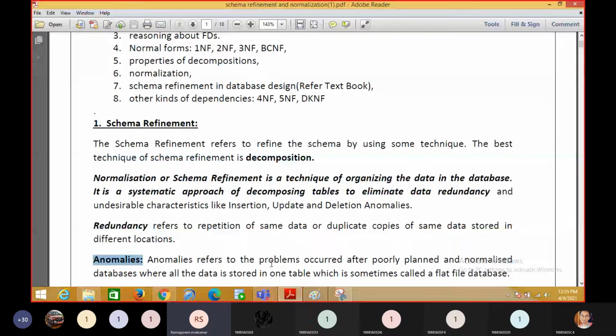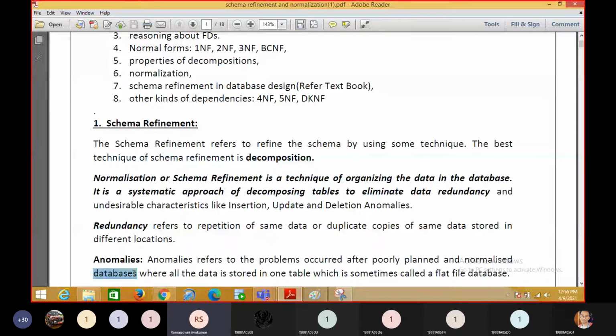Next, anomalies. Anomalies refer to the problems that occur after poorly planned and unnormalized databases. Poorly planned means we are not taking care of redundancy problems, so we get data inconsistency problems and a lot of other problems regarding the database.